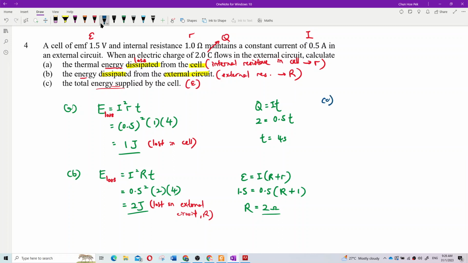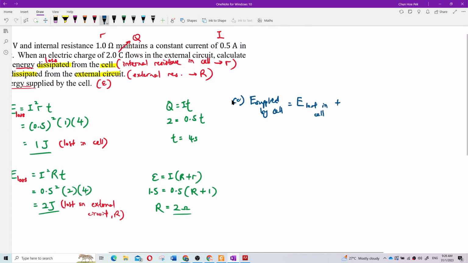Okay, question C. Energy supplied by the battery, or by the cell, is of course equal to energy loss in the cell plus energy loss in the external circuit. Right?